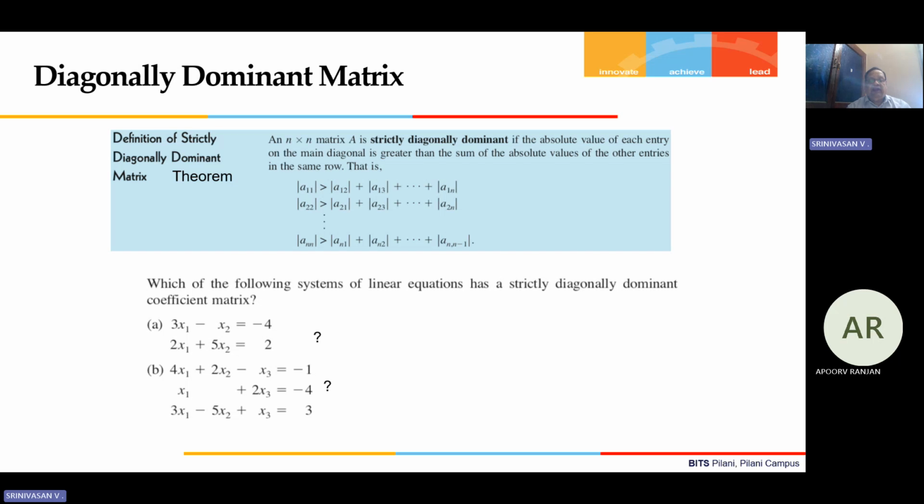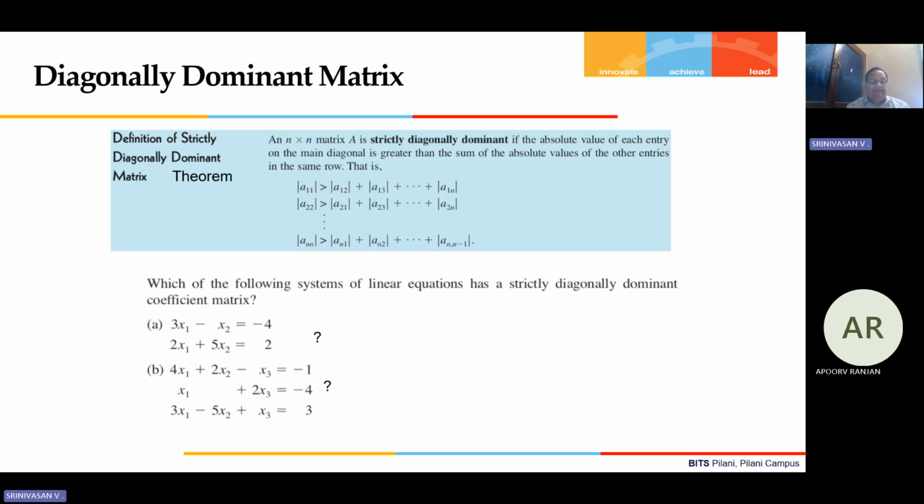So 3 is greater than modulus of minus 1. 5 is greater than 2. In the first row, this is the principal diagonal element which is greater than this. In the second row, 5 is the principal diagonal element which is greater than 2.